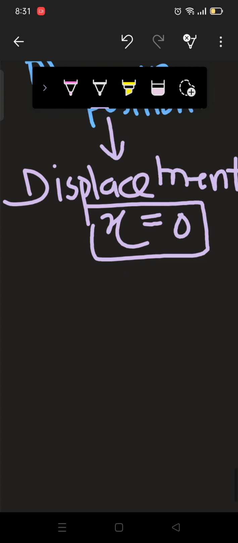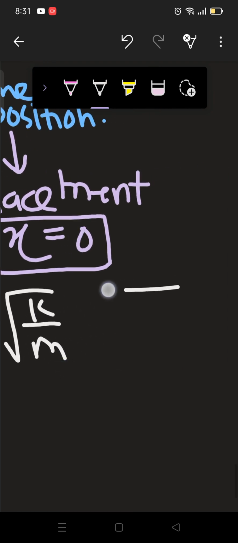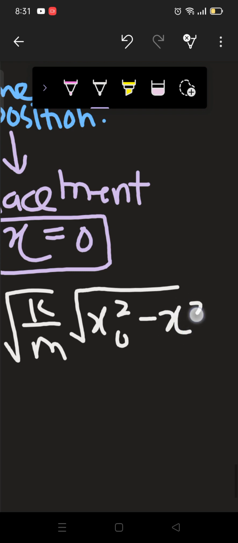The formula for the velocity of motion under elastic restoring force, Hooke's law, or mass spring system is v is equal to under root k over m into under root x naught square minus x square. This is the formula for the velocity of the mass spring system.